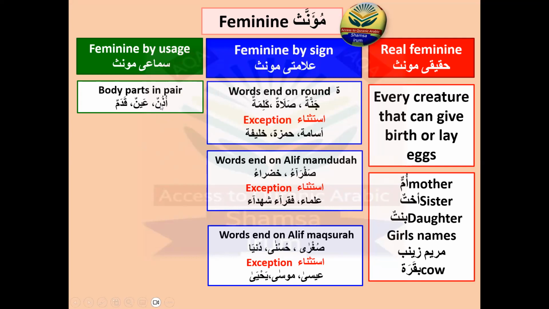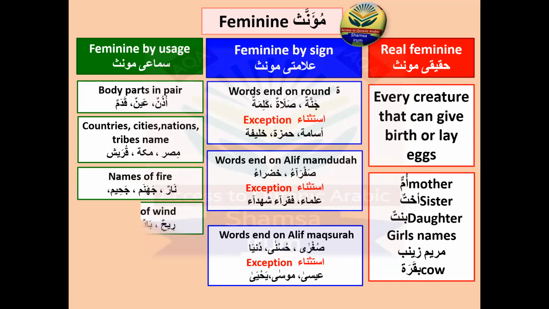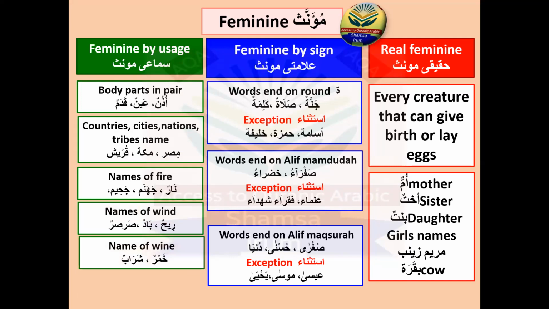Udhunun means ear, and I already mentioned it with the pictures, so I don't need to mention it again. Also country and city names, tribe names, nation names, name of fire, name of wind, name of wine, and some miscellaneous nouns which don't come in any of these categories but are still feminine, so you have to learn them by heart: ardun, shamsun, nafsun, samaun, and one more, darun. These five words you must learn by heart. So this is the full summary of the whole lecture.